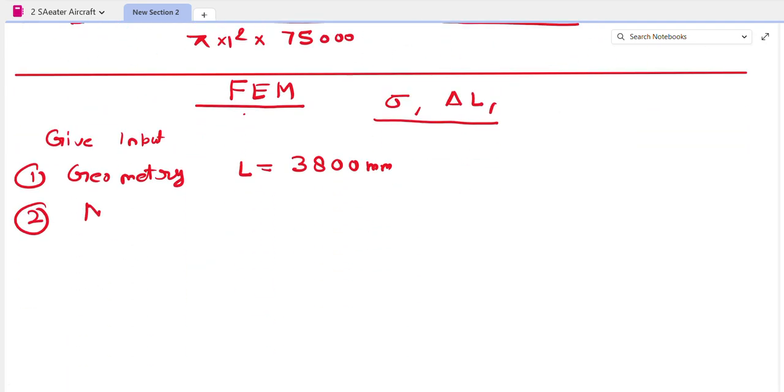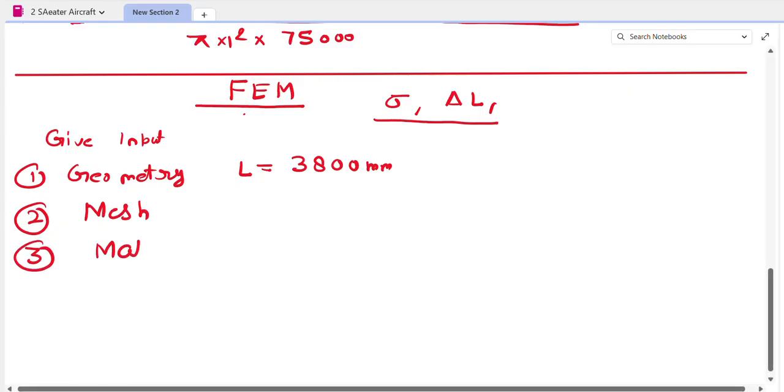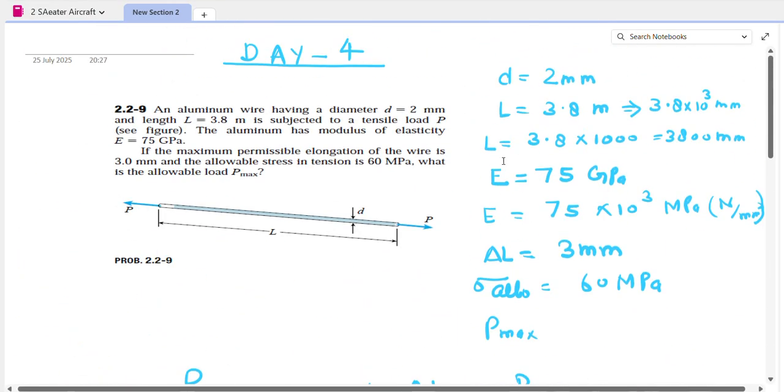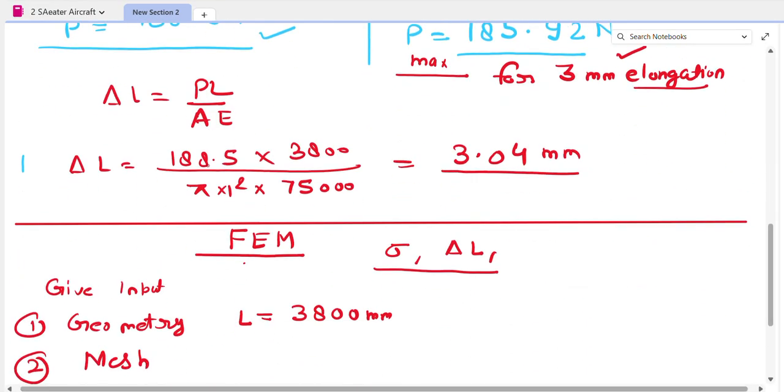Second, we will generate the mesh. Third, we will apply the material. This is the aluminum wire.